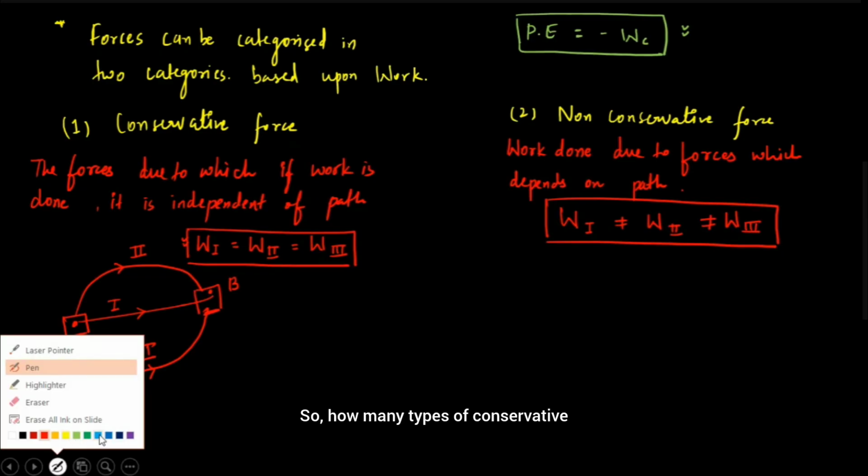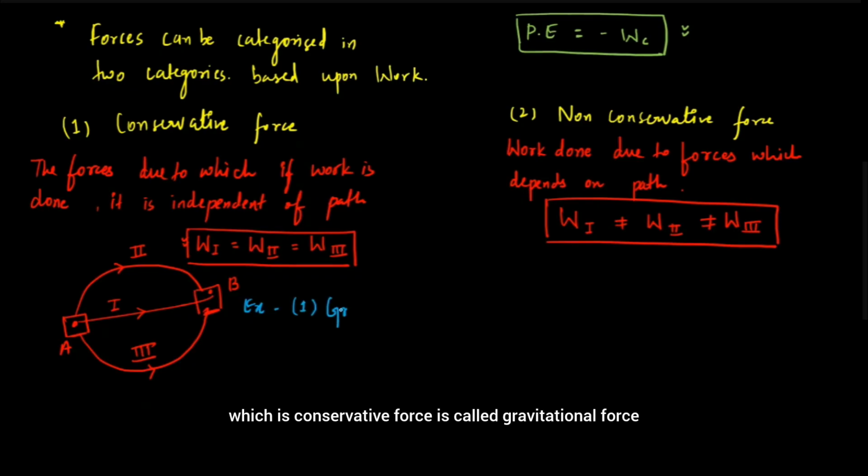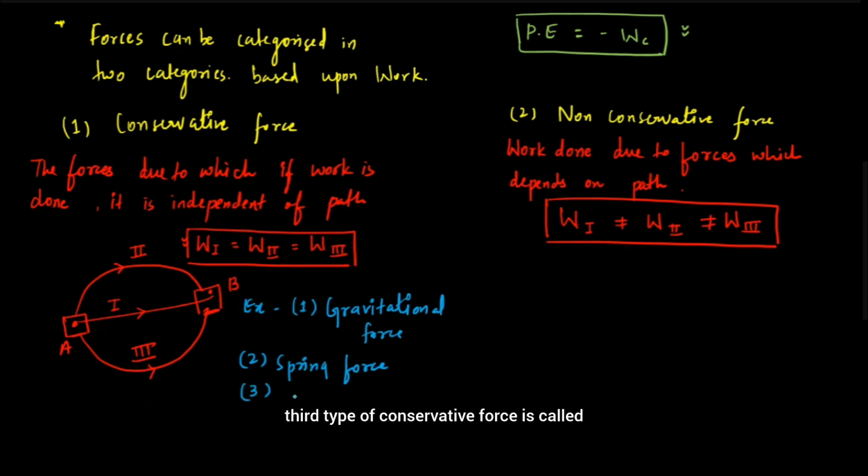So how many types of conservative and non-conservative forces do we have? Or you can say, what are the examples? The very first conservative force is called gravitational force. The second type of conservative force is called spring force. The third type is called electrostatic force, or Coulomb's force.